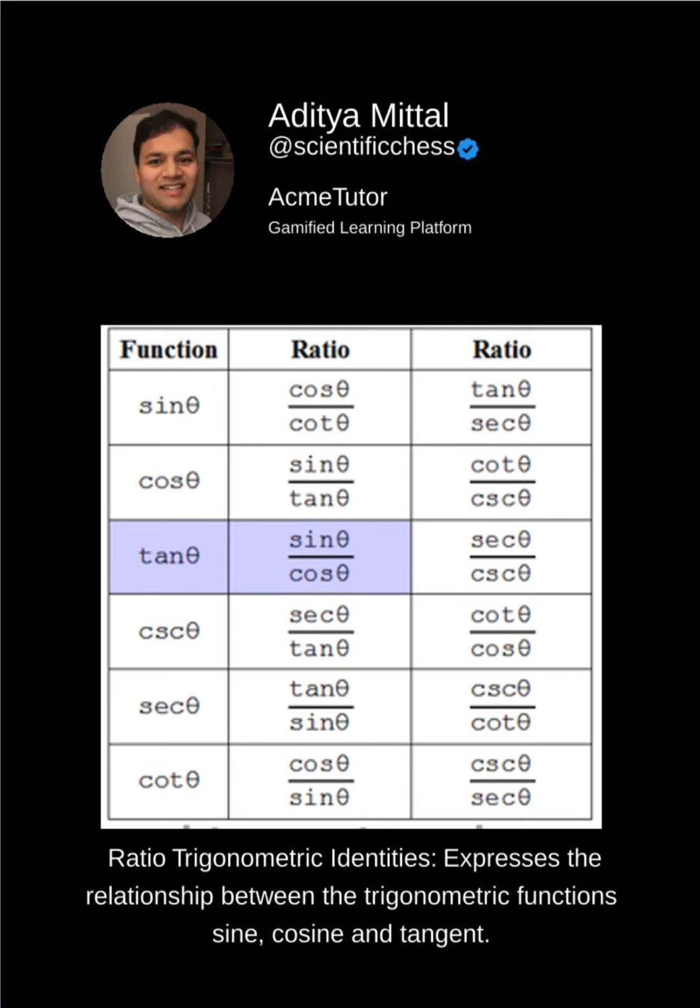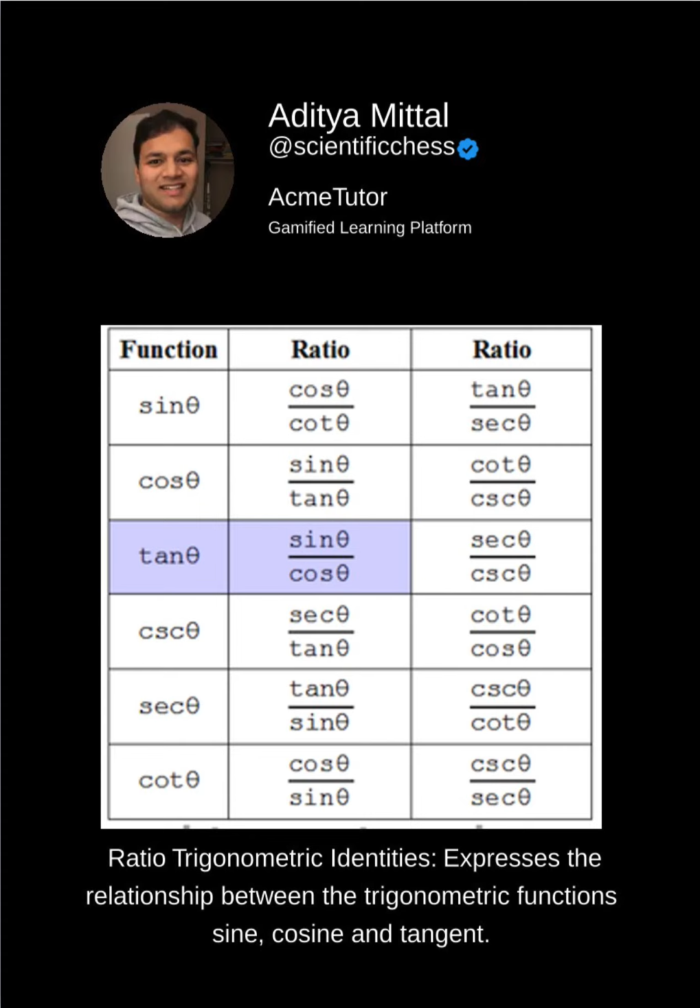So if you took cosine, which is adjacent over hypotenuse, and you took cotangent, which is adjacent upon opposite, right? So the adjacents cancel, outers over inner, and you will get the opposite over hypotenuse. So cosine of theta over cotangent of theta is sine of theta.